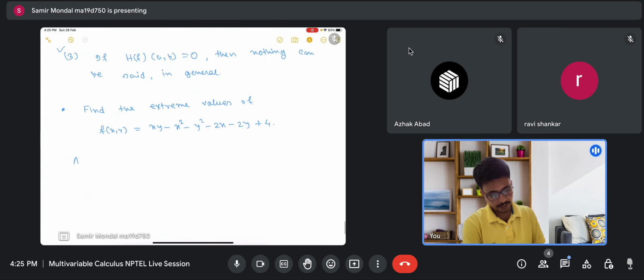So you have to find the extreme value, maybe local, maybe global.